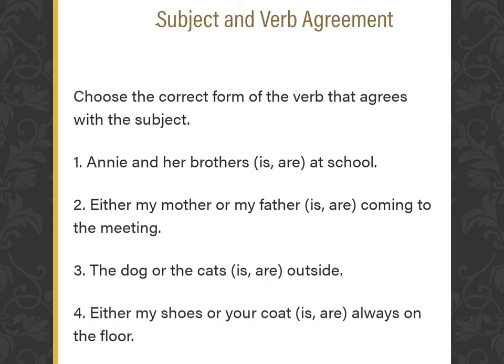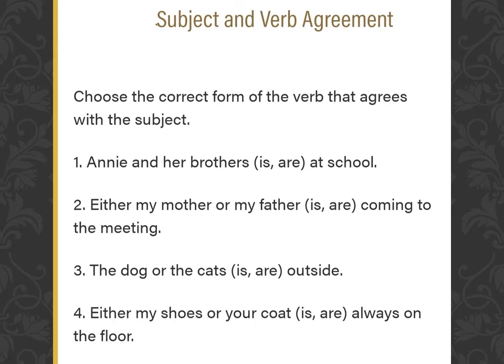Number 3. The dog or the cats dash outside. The answer is the dog or the cats are outside. Number 4. Either my shoes or your coat dash always on the floor.